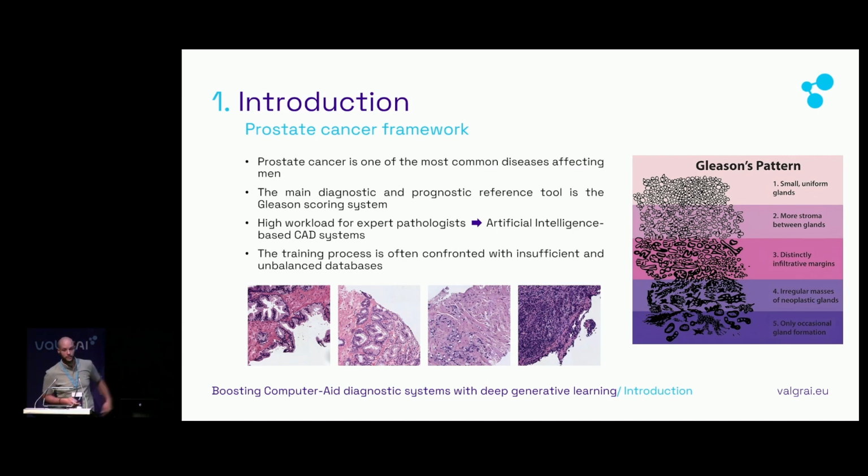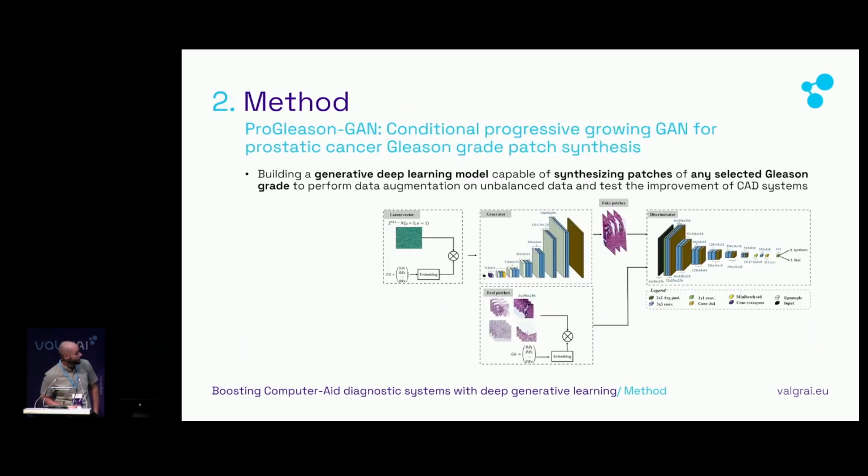For example, here in prostate cancer, the more aggressive grades of cancer are less represented in the clinical data. So for this reason, we propose in our research to build a generative deep learning model able to synthesize patches of any selected Gleason grade score. The idea is to use these generated patches to build more robust and reliable computer-aided diagnostic systems.